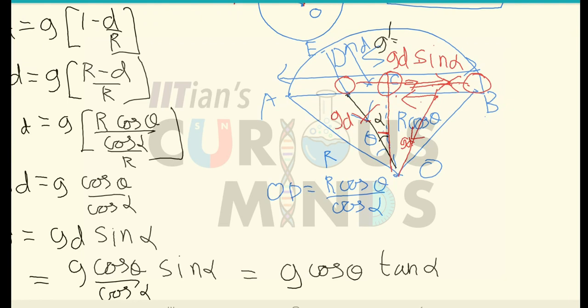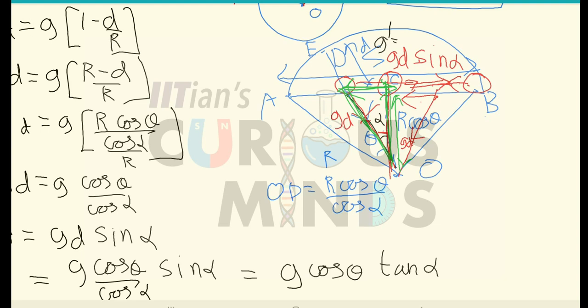Tan is equal to opposite upon adjacent. If I take this angle as alpha, let me mark it with some other color. This angle over here is equal to alpha. So tan alpha will be this part, which is equal to opposite upon adjacent, which over here is equal to R cos theta.